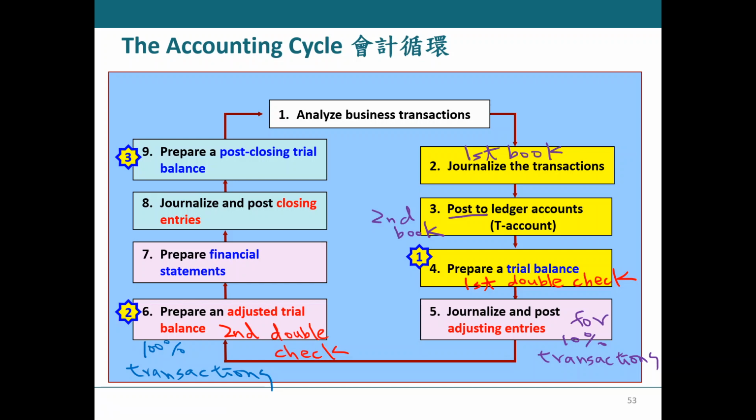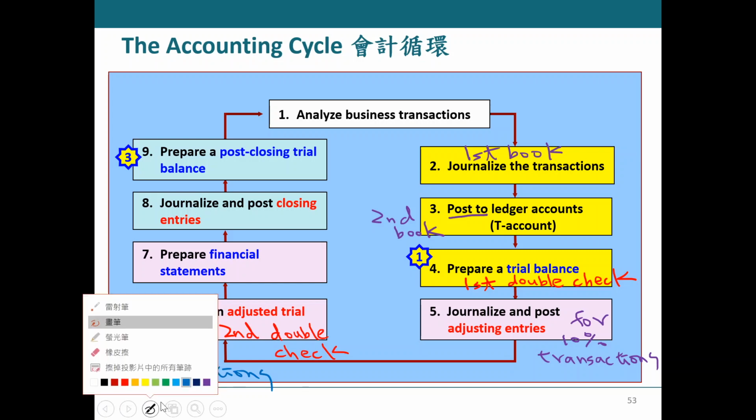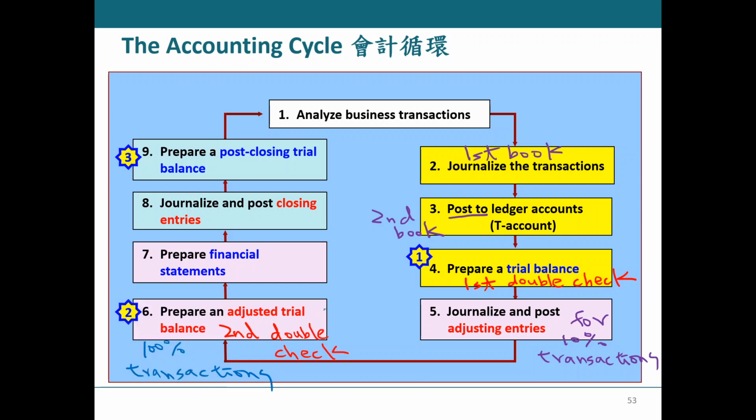After that, we could use the numbers to do what? To prepare our only one accounting output, right? So what's that? 4 financial statements. Use that to prepare your 4 financial statements, the only one accounting output.